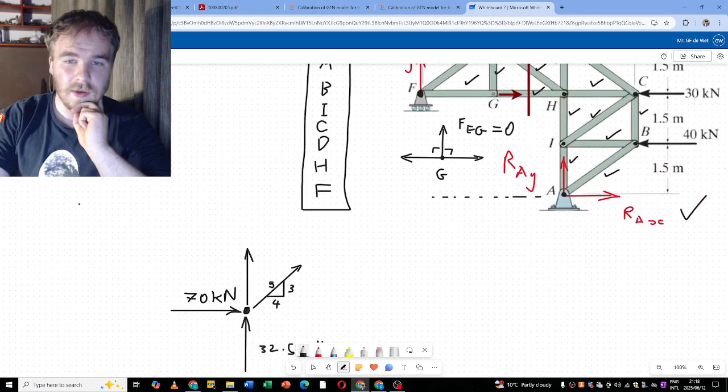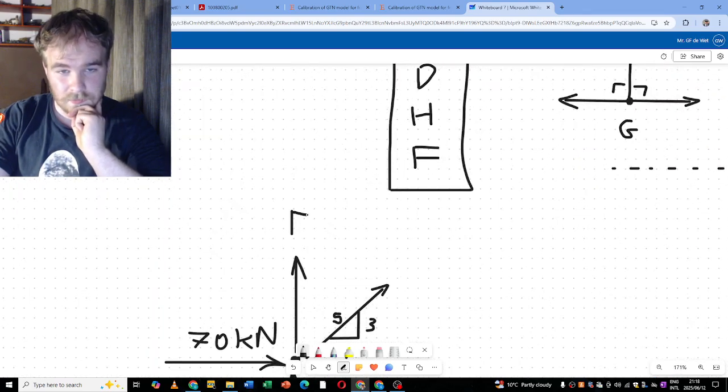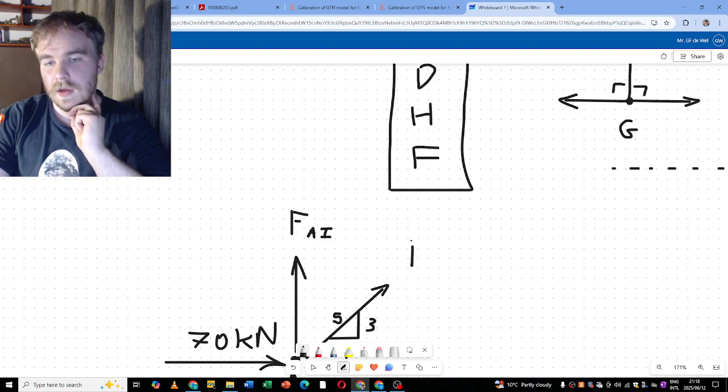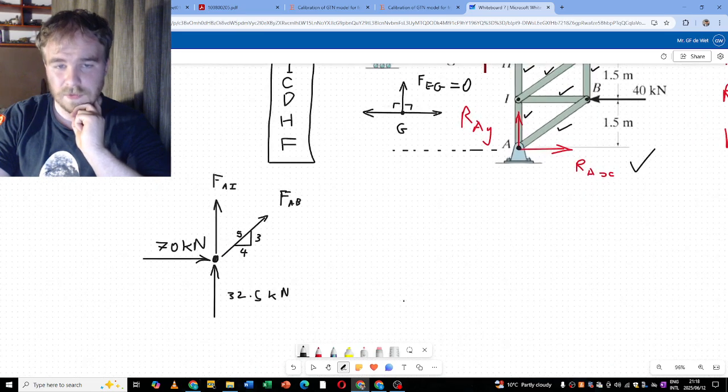And then we have FAI and FAB. Okay, our first free body diagram.